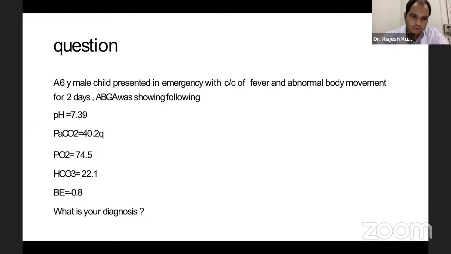Otherwise that ABG is okay. So if someone gives you that ABG, you first ask, sir, what is the FiO2 of that patient? What is the oxygen status of that baby? Because from these findings alone, you cannot assess the oxygen status of that patient.